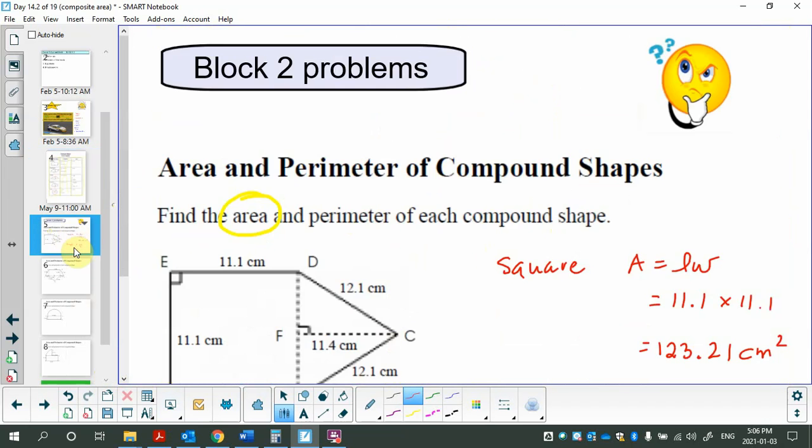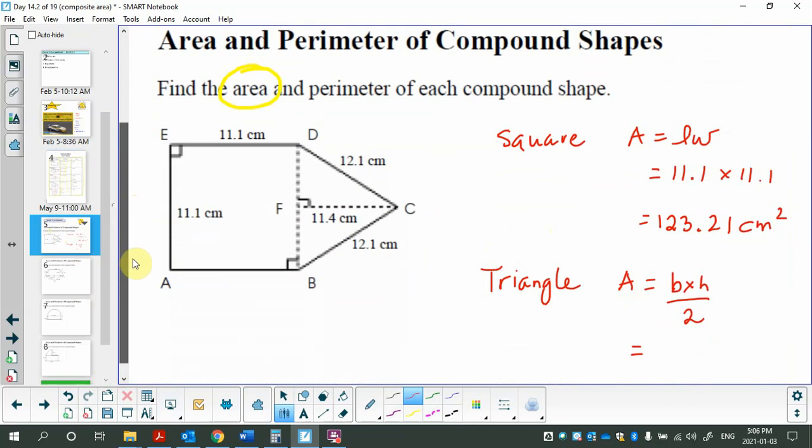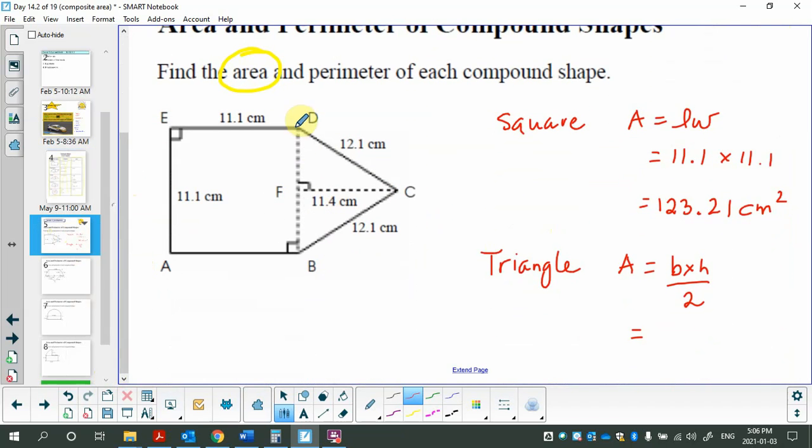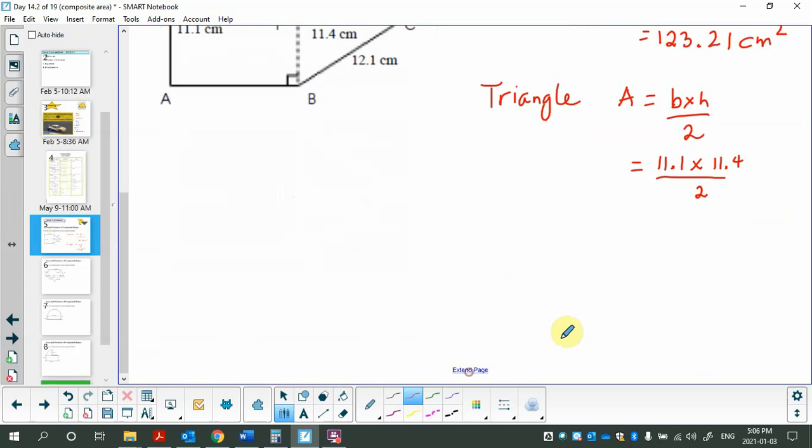So I have to find the two measurements that are connected by the little box, and that is this one, which is 11.1, and this one, which is 11.4, but I also have to divide it by 2 before I write down the final number.